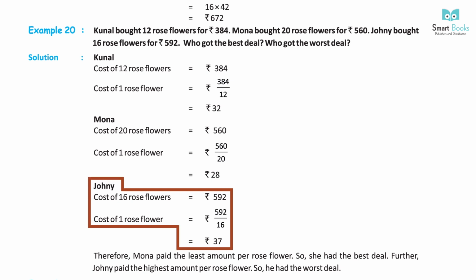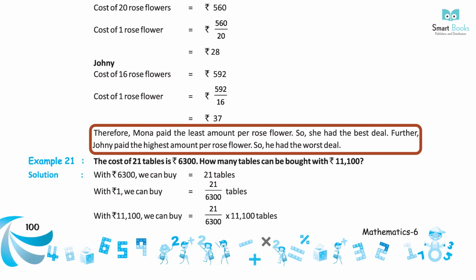Cost of 16 flowers equals rupees 592. Cost of 1 rose flower equals rupees 592 upon 16, equals rupees 37. Therefore, Mona paid the least amount per rose flower, so she had the best deal. Further, Johnny paid the highest amount per rose flower, so he had the worst deal.